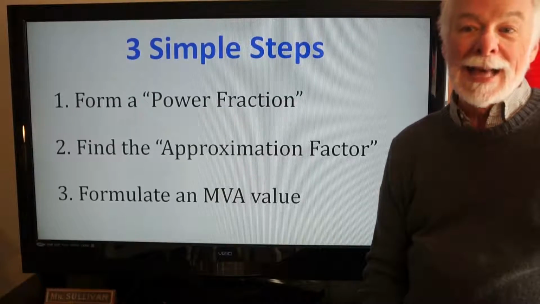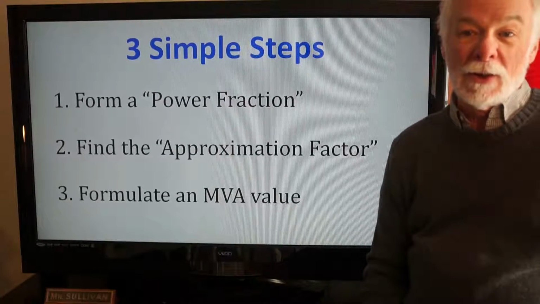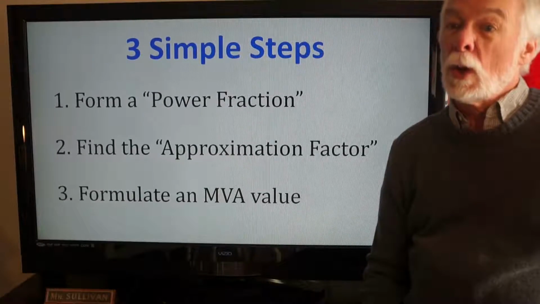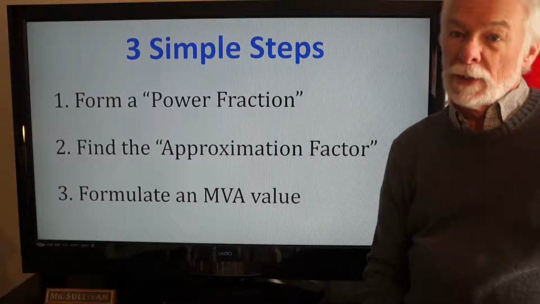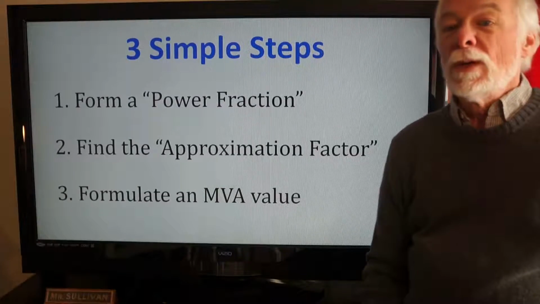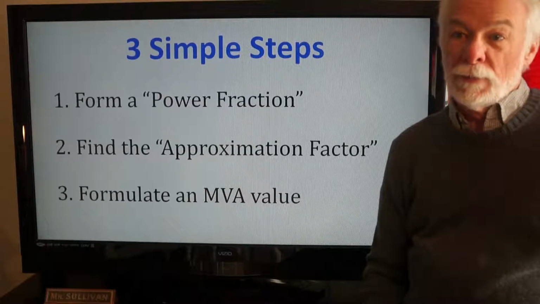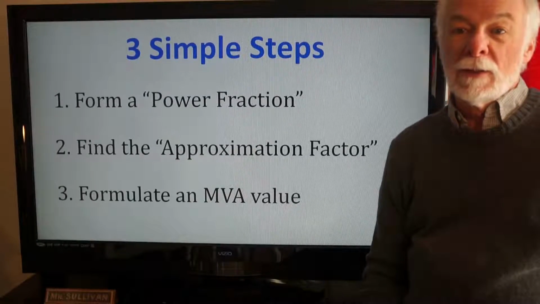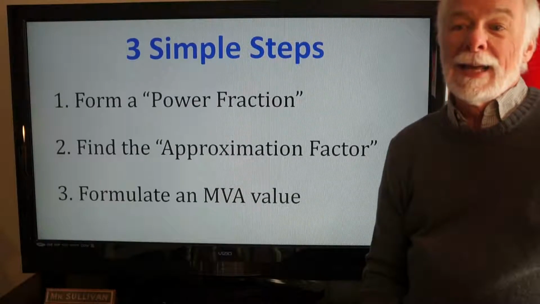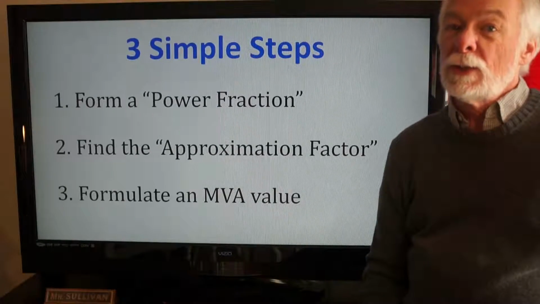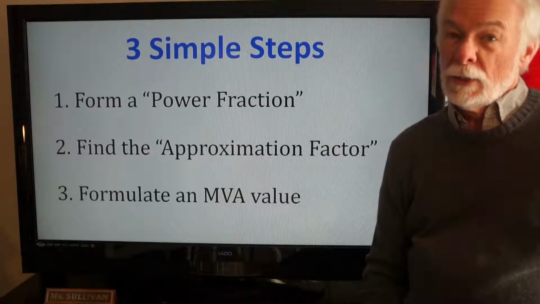Finally, using that factor and the base of our two readings, which is the larger of the two numbers that we've been given, we'll formulate our approximate MVA value. And I want to mention at this point too, that with just a very little bit of practice, you can learn to do this in your head.